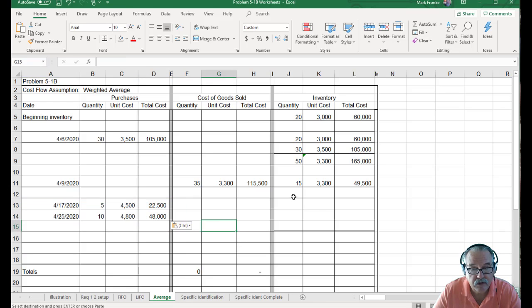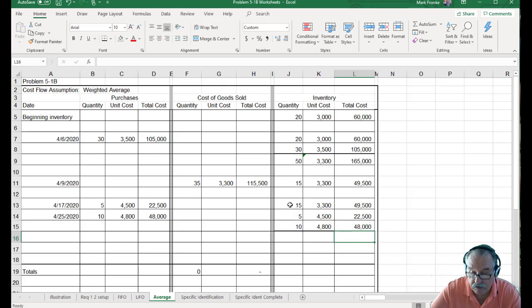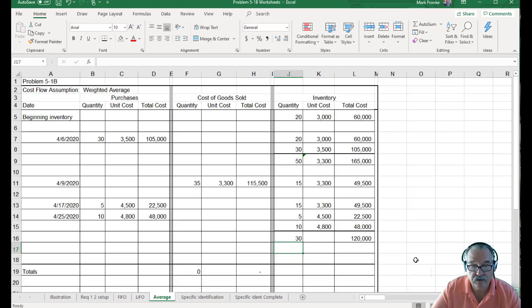So now in stock we had the 15 with an average cost of 3,300. We have 5 at 4,500 and 10 at 4,800, which means our total at that moment is 120,000, and that is for 30 items in stock.